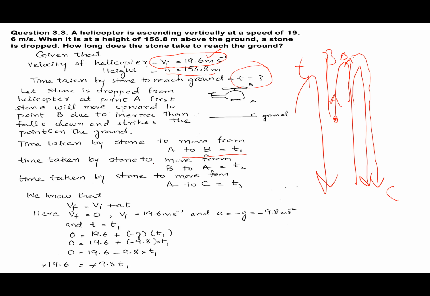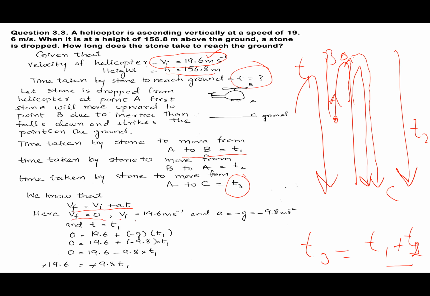And the time taken by the stone to move from B to A is T2. The time taken by the stone to move from A to C is T3, so the total time is the sum of the three, T1 plus T2 plus T3.